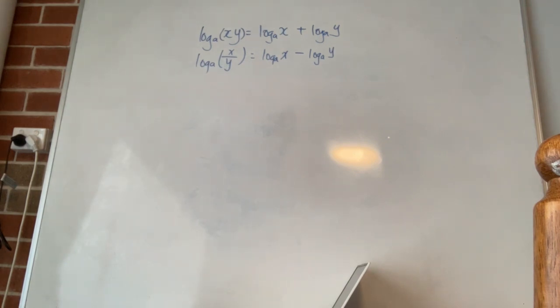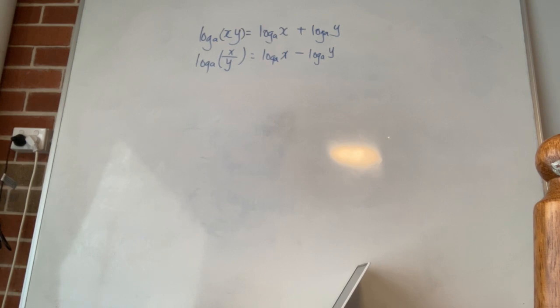So this one is the timesing, so you're going to write log base 10, open bracket, 50 times 2. And then 50 times 2 will give you 100. Okay, so log base 10 of 100. Okay, 100 you can write as 10 squared, right?